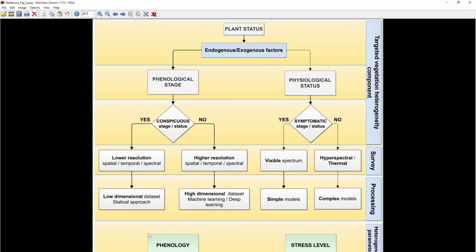Typical parameters that would be derived out of this exercise are phenology or stress level.